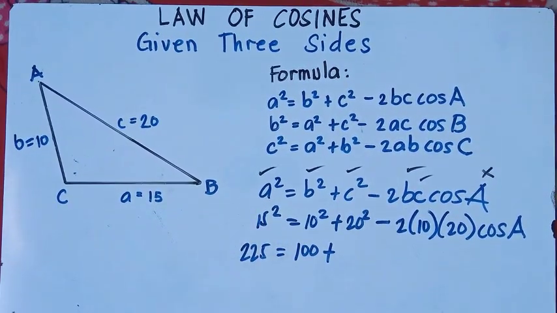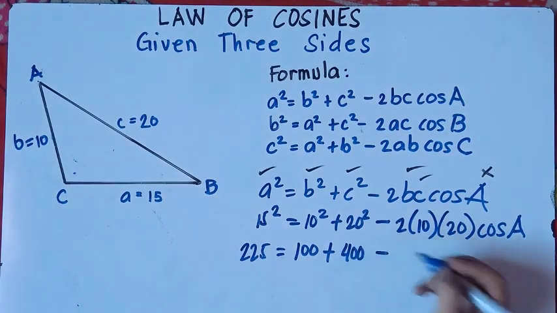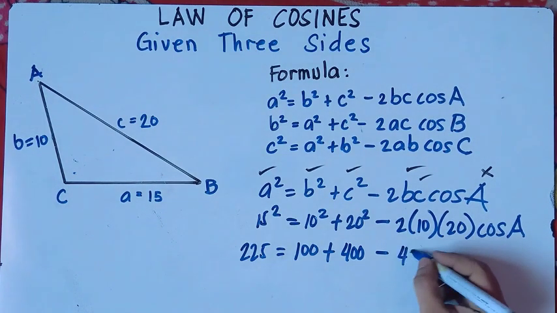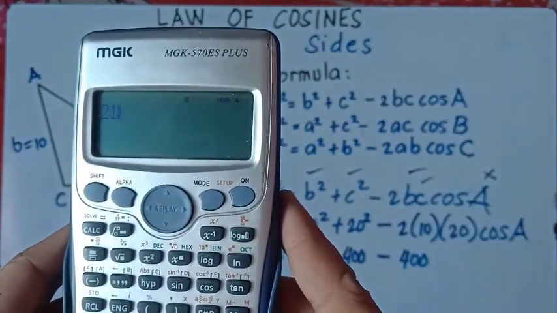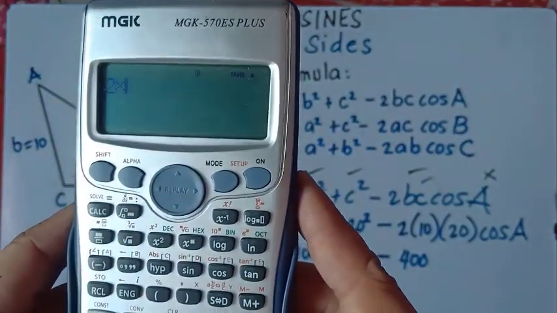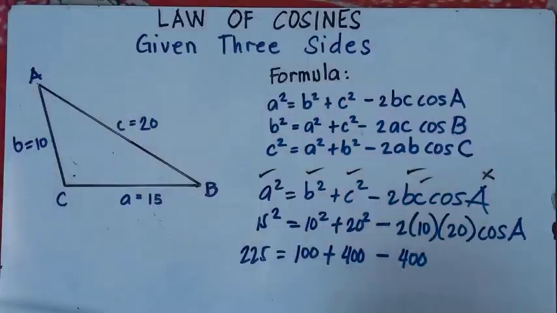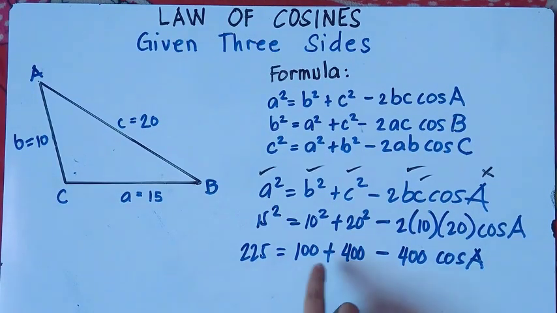That's the same, 400. So we have 400 minus, and then multiply this one: 2 times 10 is 20, times 20, that would be the same, 400. Let's check that: 2 times 10 times 20, we have 400, then cosine A. Next, combine like terms.